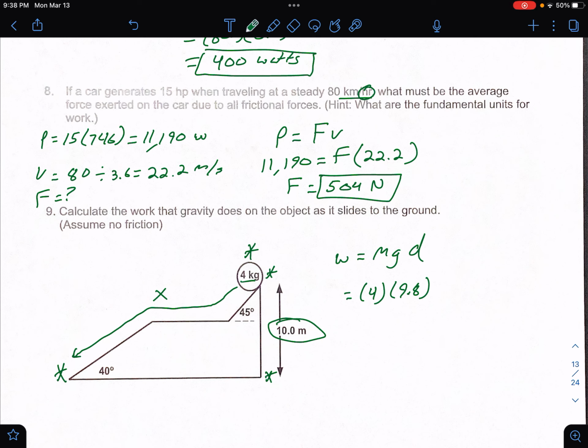So my distance is just 10 meters. This problem looks super intricate because you have all these angles, but honestly, it doesn't even matter. All you care about is mass times gravity times vertical distance. That's it. So multiply those out, and you get 392 joules. Okay, so that'll end this video. The next video will go over kinetic energy on page 14.